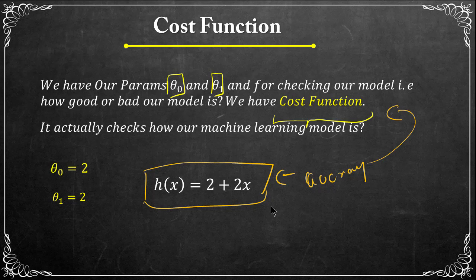You can just provide the input value and the output value will come. But who can guarantee that your model is good? So for checking the accuracy of our model, we have our cost function. I have repeated this two times.